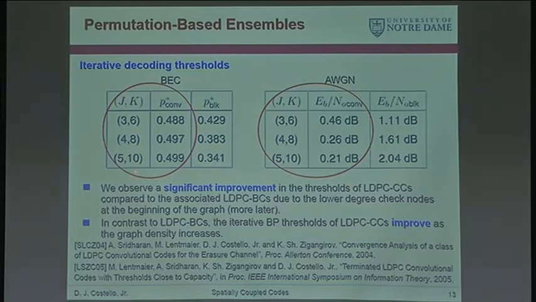So we know with the convolutional versions, if we increase the density, we get stronger codes in terms of distance, which should give us better error floors or no error floor at all, better performance at high SNRs, and we also get better thresholds, which would give us better performance at low SNRs.